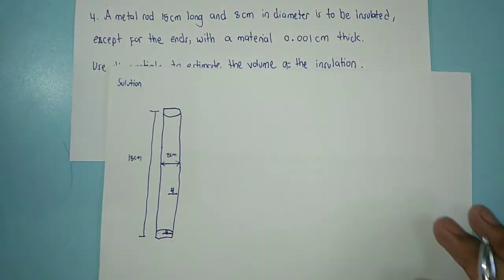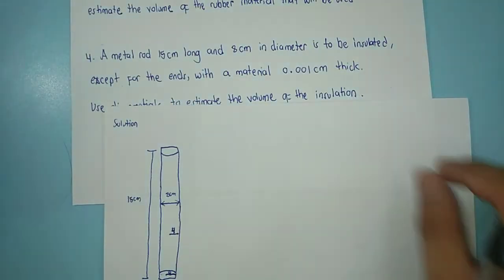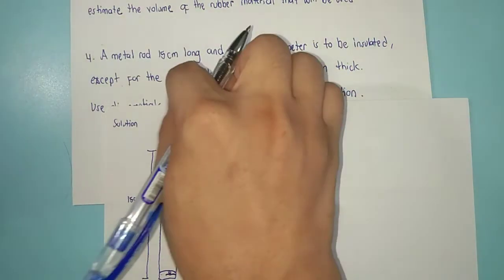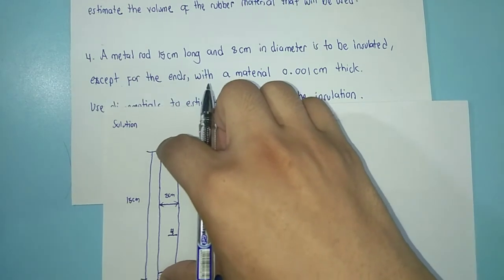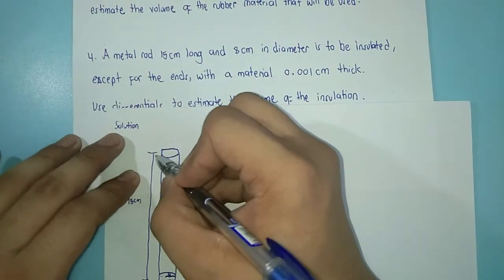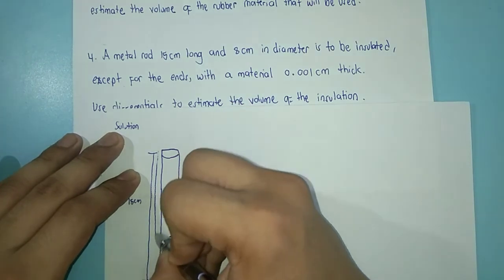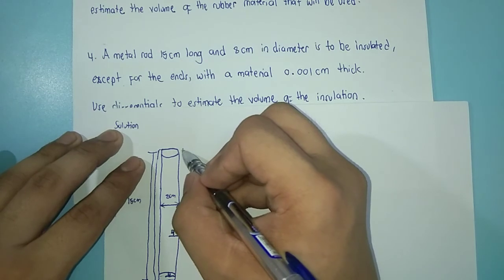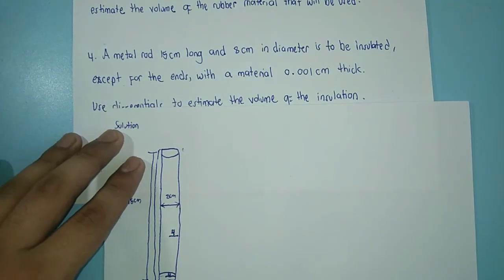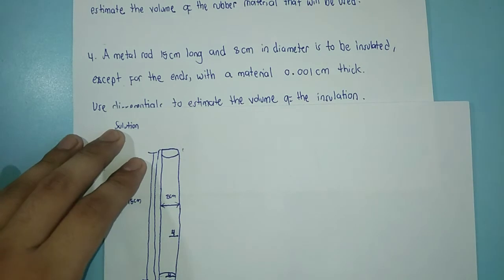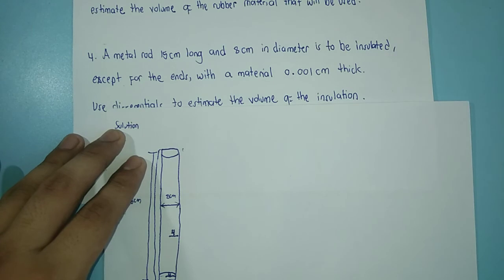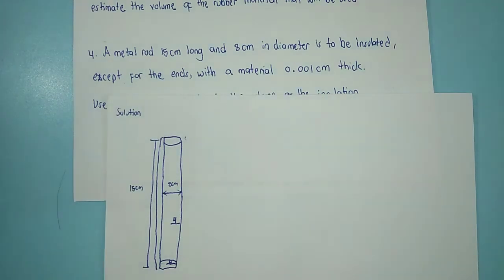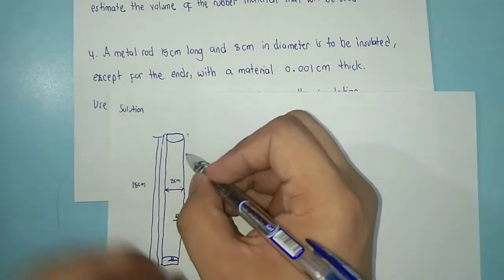Now, ang gagawin daw, yung metal rod is to be insulated, pero hindi kasama yung dalawang ends. Okay, maglalagay tayo ng material. Then, yung thickness daw ng material na yun ay 0.001 centimeter.